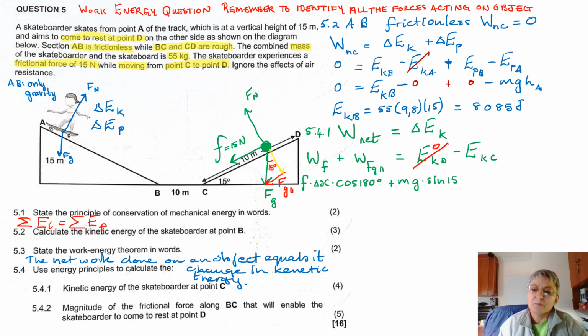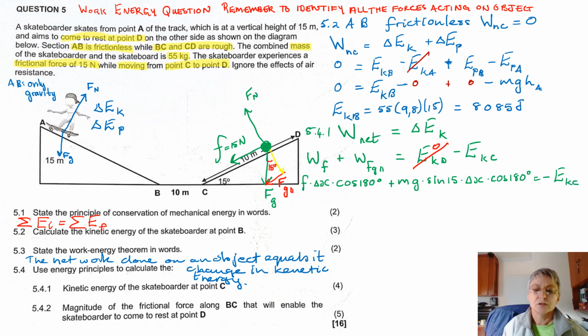Then we need to multiply that by the distance it goes up the plane, and the parallel component of the force is 180 degrees to the direction of motion. That will give us negative EK at C.